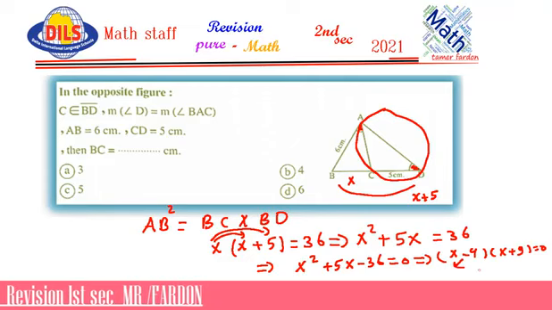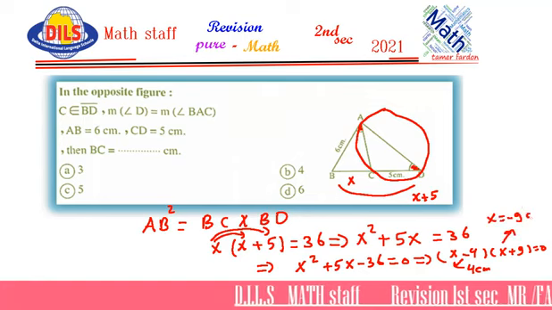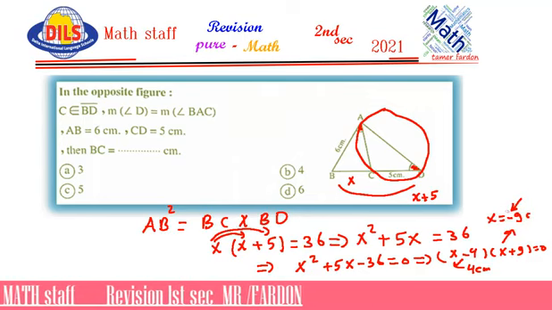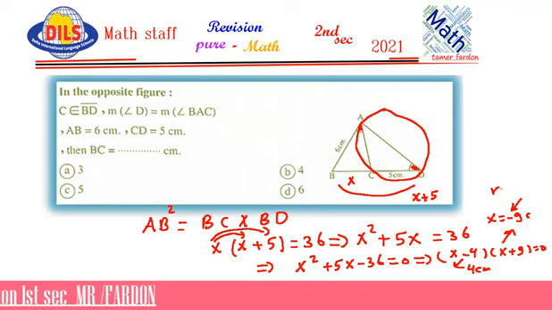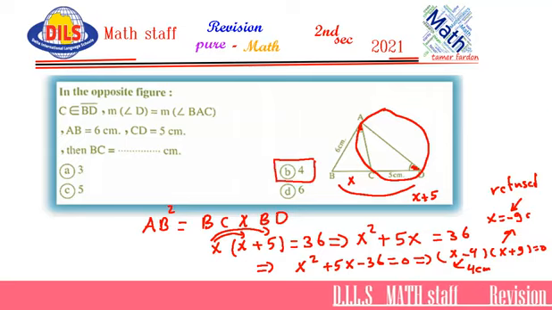So x equals 4 centimeters and x equals negative 9 centimeters. So the second answer is refused. So x equals 4 centimeters.